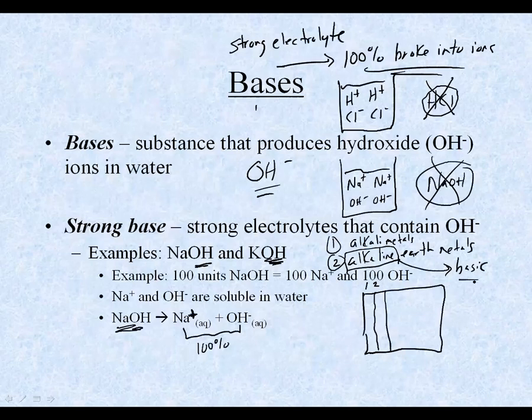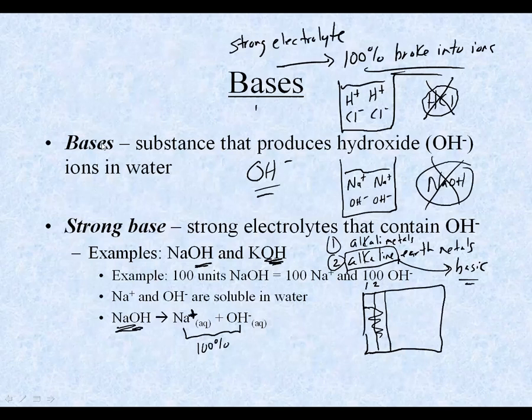So if somebody says something is alkaline, what it means is it's basic. Essentially, most of our strong bases come right here in group 1 and 2 on the periodic table. That is where we'll typically find most of our strong bases, and usually our strong bases will have the hydroxide or OH minus in the actual formula.